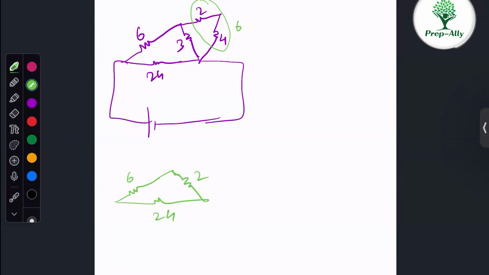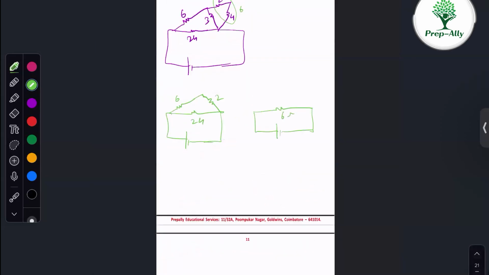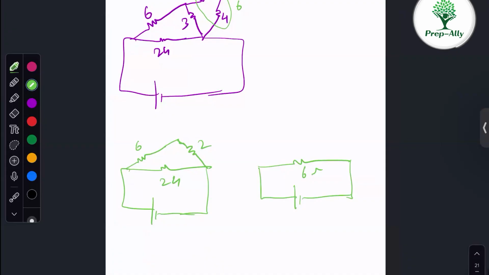And then 6 and 2 is in series, it will give you 8 ohms, and 8 and 24 in parallel will be 6 ohms again. So finally, for 8 and 24 it is 3 by 24 plus 1 by 24, 4 by 24, that is 6 ohms.